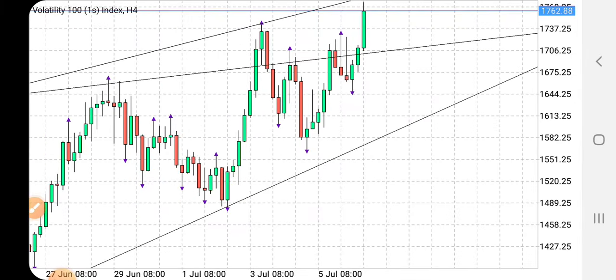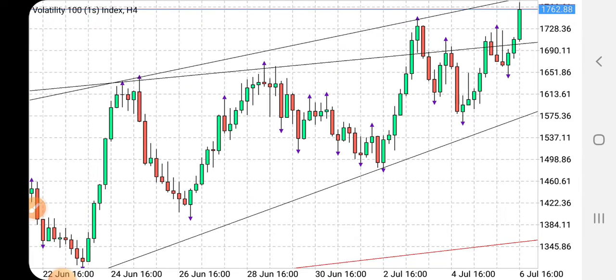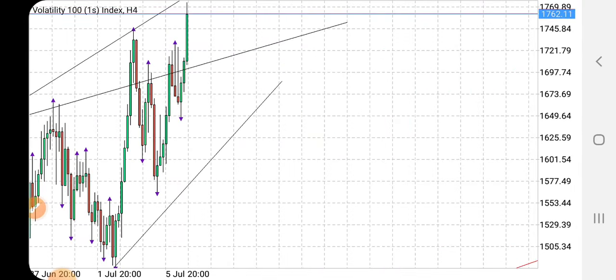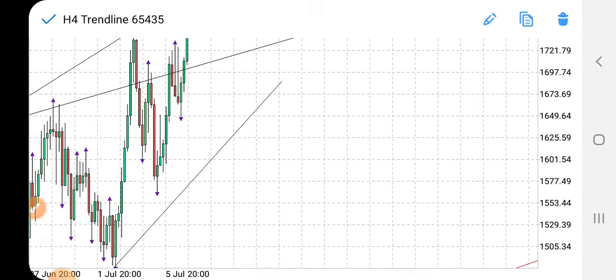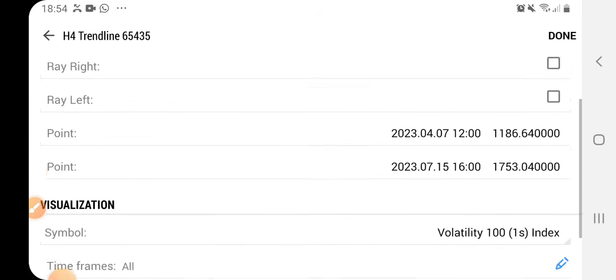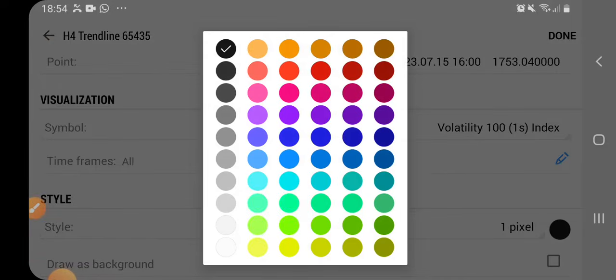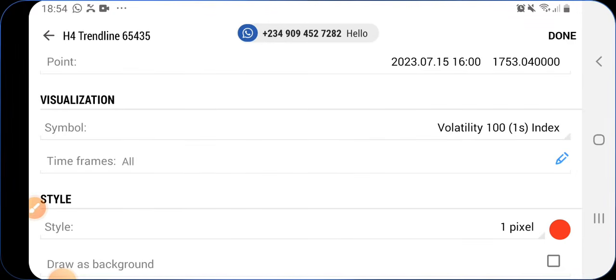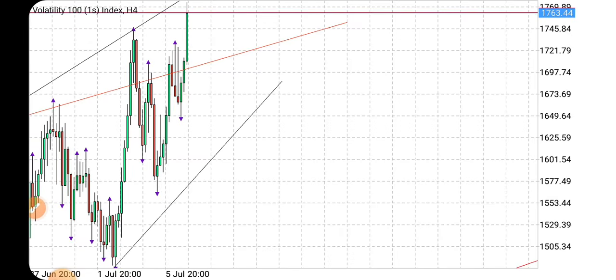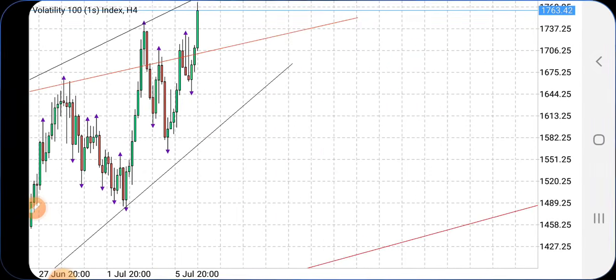So each time the price comes to any of these lines, I still need to change the color of this to red, because that's what it's supposed to be. So you just need to make sure that the color is the same.